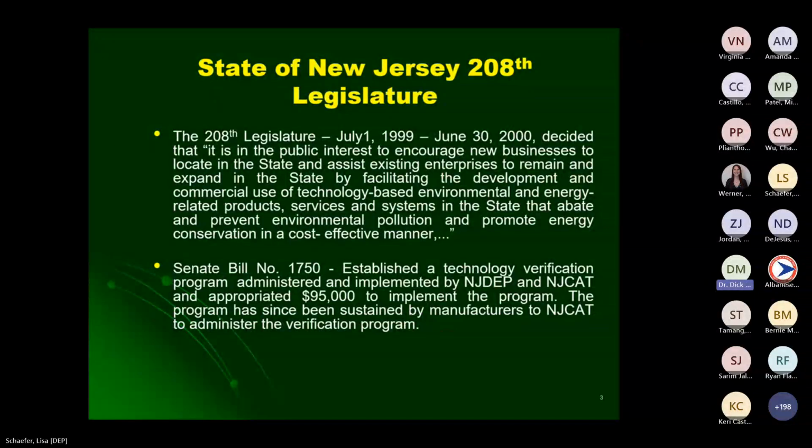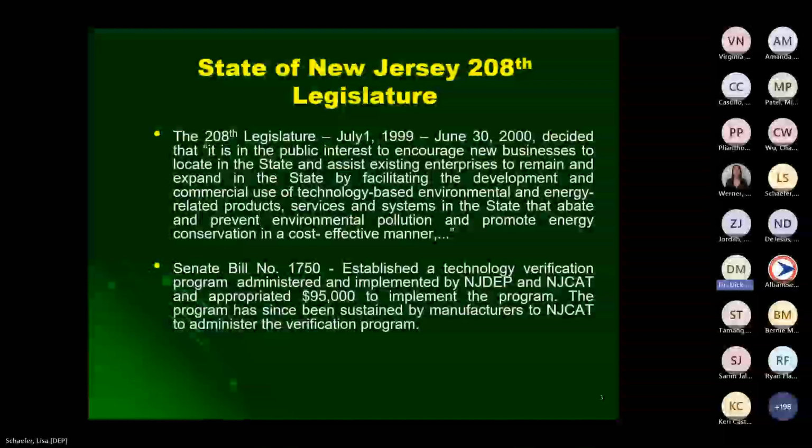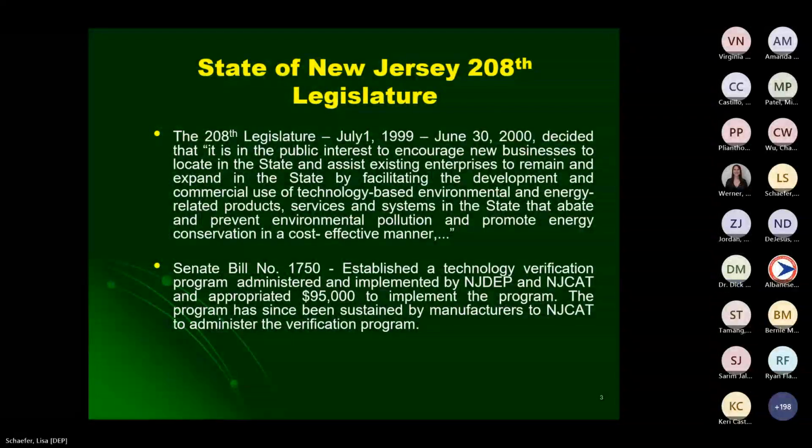Senate Bill 1750 established a technology verification program. The state appropriated $95,000 to kick off the program. And I'm proud to say that since that time, 25 years, the program has been sustained by fees paid to NJCAT from the manufacturers.